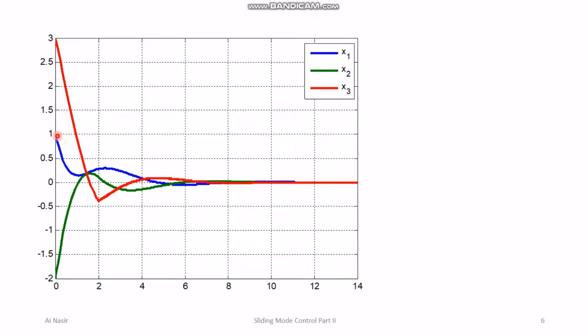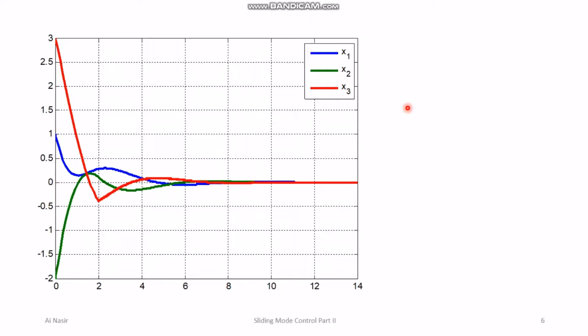So when we apply the sliding mode control, within let's say 10 or 12 seconds the system is stabilized. Remember the control objective is to have x1 going to 0, but in this case not only do we achieve the control objective, but the only way to achieve the control objective sustainably is to have all of x1, x2, x3 equal 0, because the system is in integration form, or it is also called controllable canonical form.